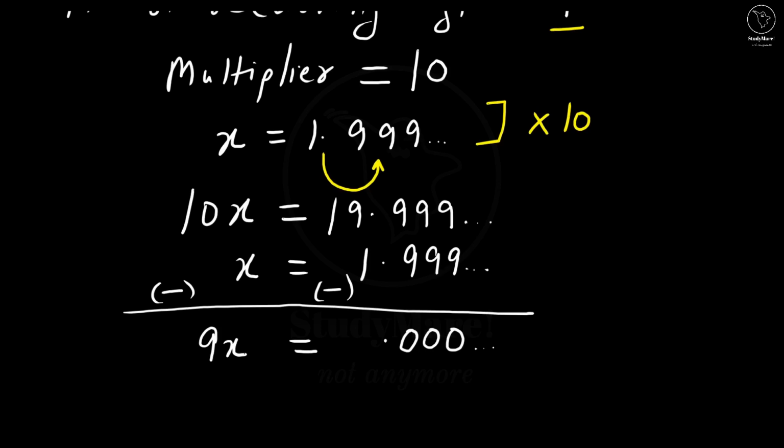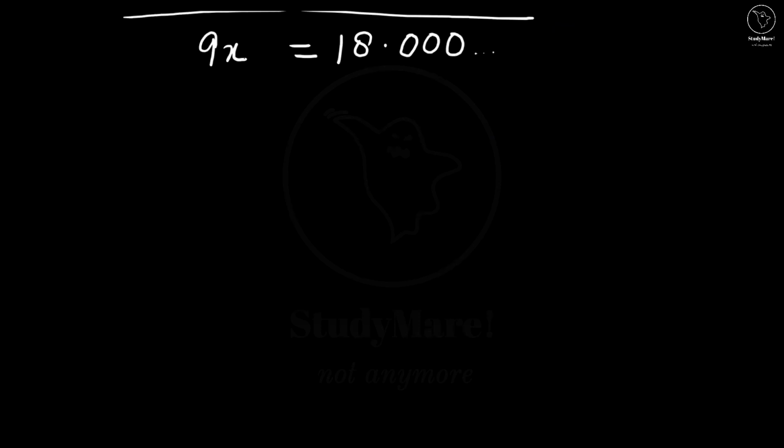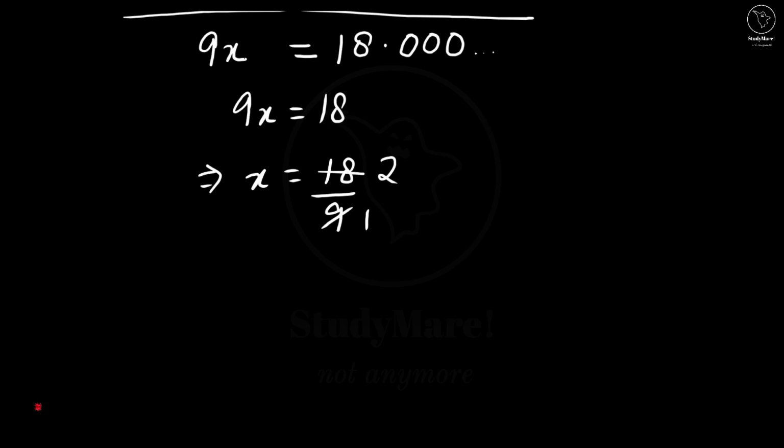Point 9 minus 1 is 8 and we have 1. So we get 9x is equal to 18, which implies x is equal to 18 divided by 9. 9 ones are 9 and 9 twos are 18. Therefore, x is equal to 2 by 1.